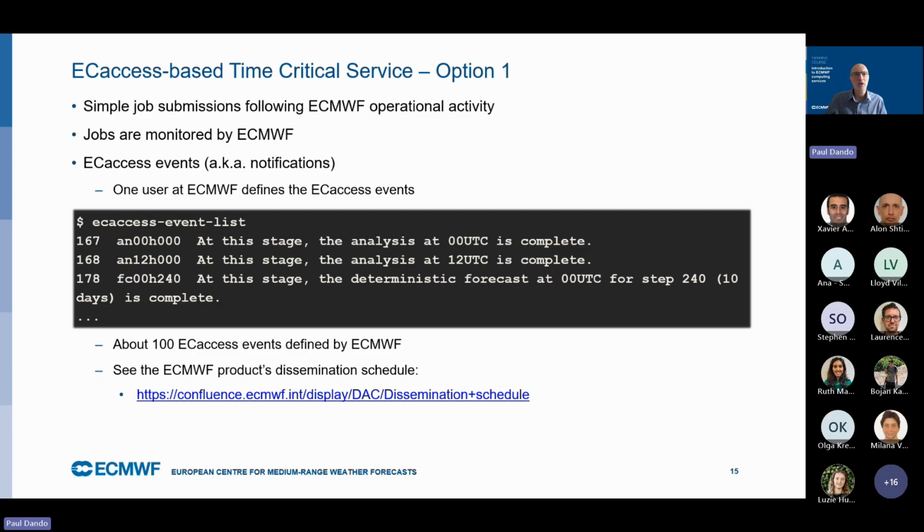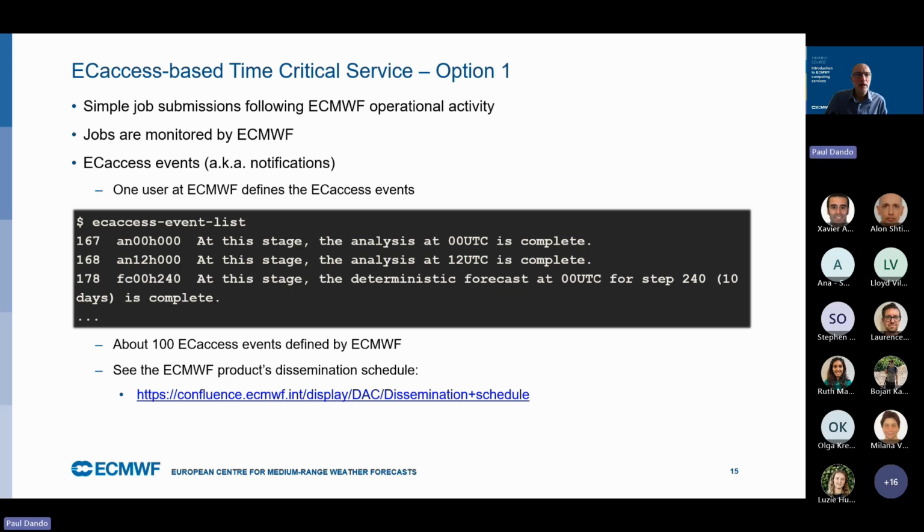So for instance, you've got event number 167, which also has the name AN00H000, which is an event linked with the point where the 0 UTC analysis is available and can be accessed from Mars.